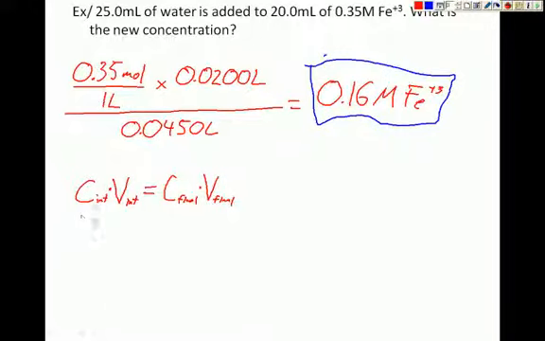Now, again, you know your concentration initial, because your concentration initial right here is 0.35. Your volume initial is 20 milliliters.